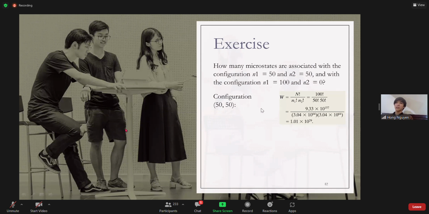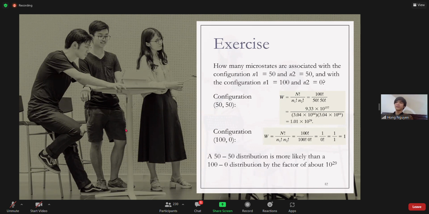The configuration of 50-50, I mean the equilibrium, is 10 power 29 microstates. And the configuration where all 100 molecules are found in one half of the box is only one. It's only one.